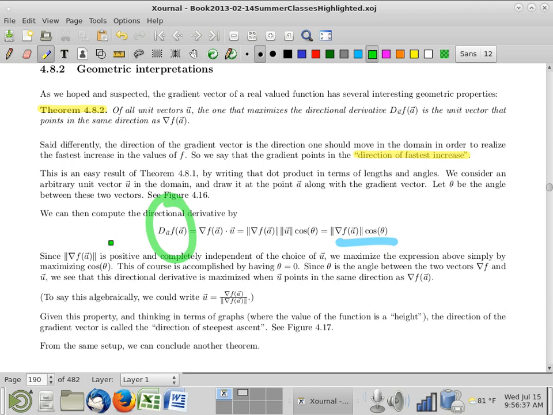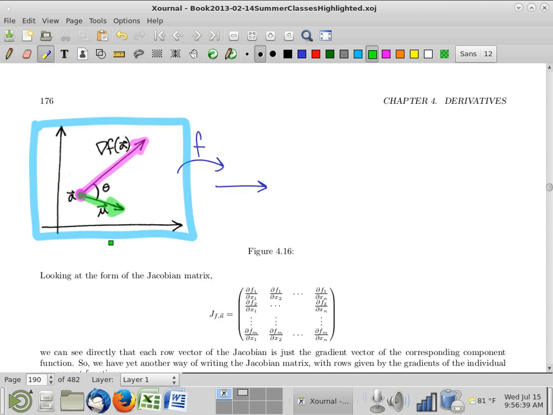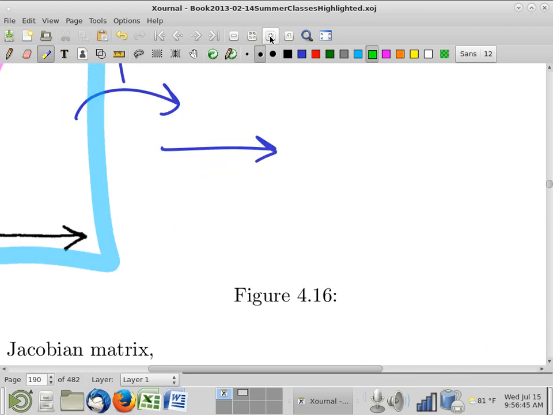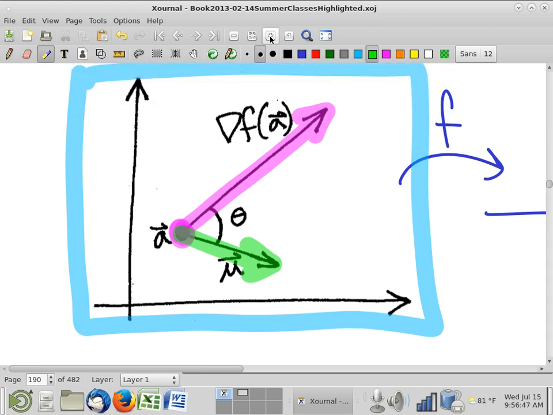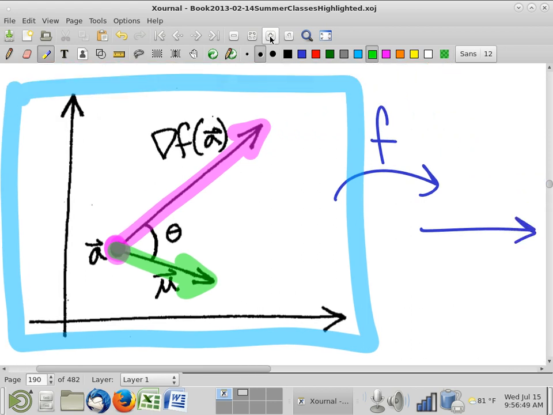Now let's go back up to the picture. Let me zoom in again. There we go. So, given a direction, the unit directional derivative depends on that magnitude and that angle.